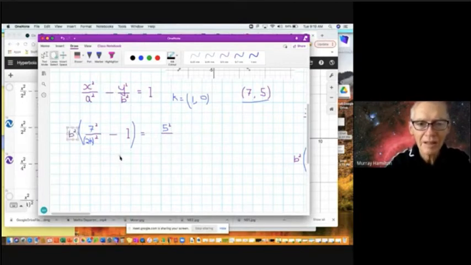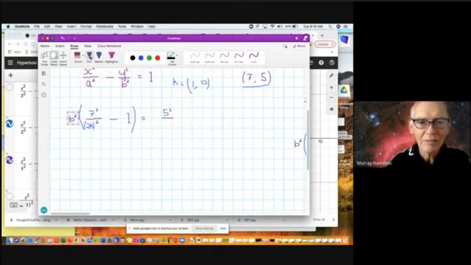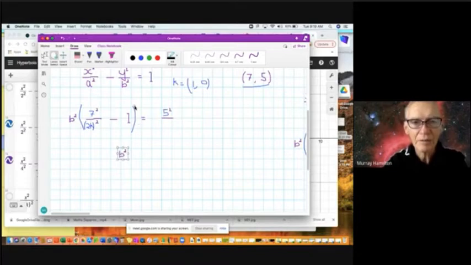Now, I can then write out what it is. So b squared equals, and what does it equal? It equals our right-hand side, and it's divided by all of this.